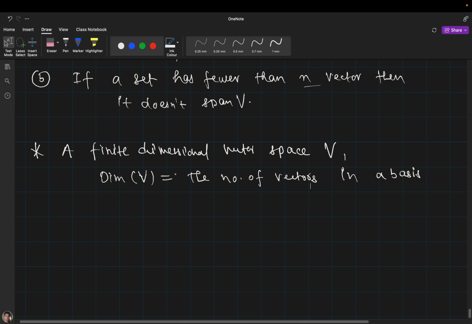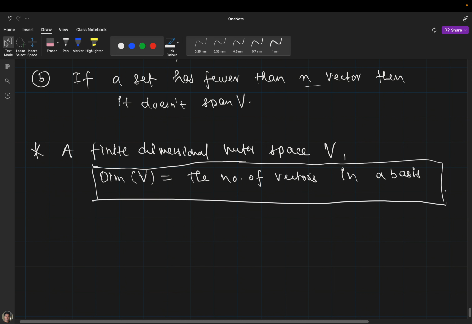We have only three basis vectors. Four-dimensional: the dimension is always 4, because the number of basis vectors is 4. For two-dimensional, 2. So the dimension of a vector space is nothing but the number of vectors in its basis. So that is called dimension. Fine?